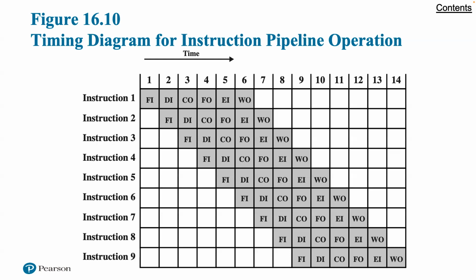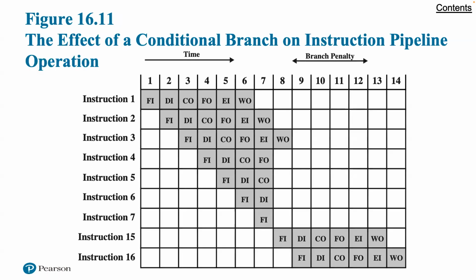So here we're seeing a more or less perfect scenario, which isn't realistic, but let's now go to something that's more realistic and talk about how that would work. So this is where a conditional branch on an instruction pipeline can affect things.